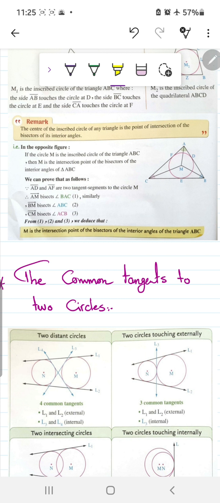Okay, so here M is the point of intersection of the bisectors of the interior angles of the triangle ABC.